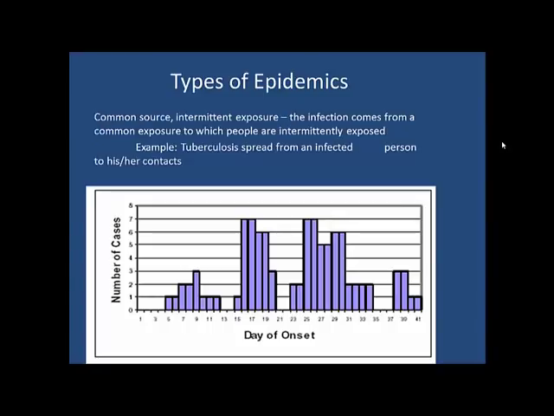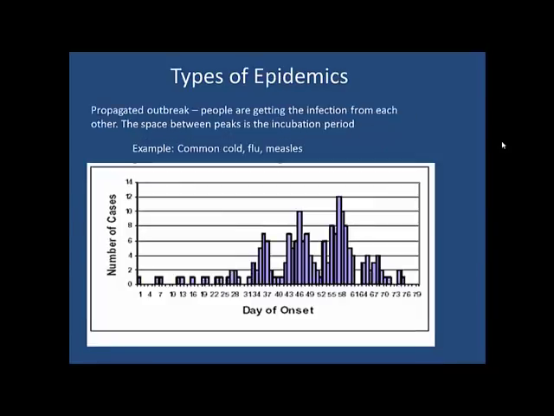And then you can also get these intermittent types of infections, and tuberculosis is a good example of this. You'll see this as a seasonal type of epidemic as well. If you have a particular disease like influenza, that can cause various seasonal epidemics. But for instance, with TB, the contact spreads it to other contacts, and then they spread it to other contacts. So you can actually see over time the number of cases is increasing as time goes on.